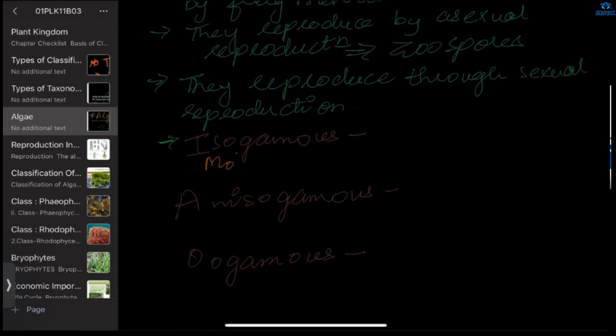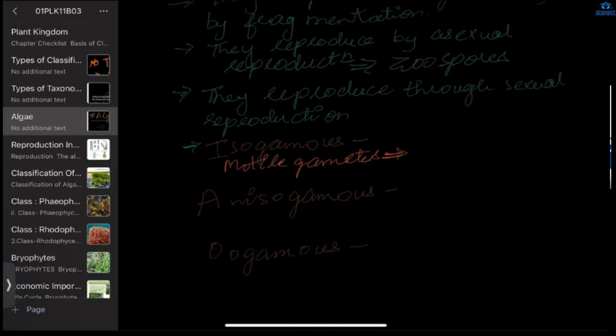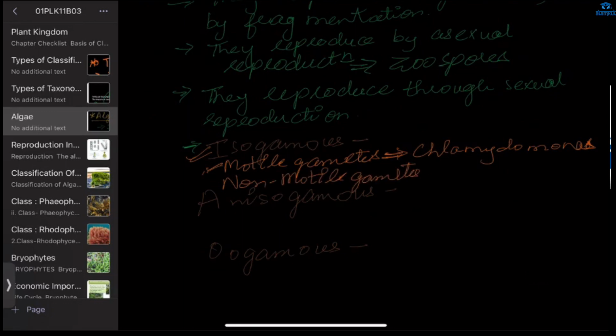If we take motile gametes, Chlamydomonas is an alga which does this. Then for non-motile gametes, they use Spirogyra. Spirogyra is also very famous because it is an edible alga.